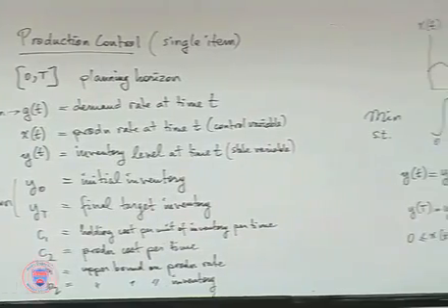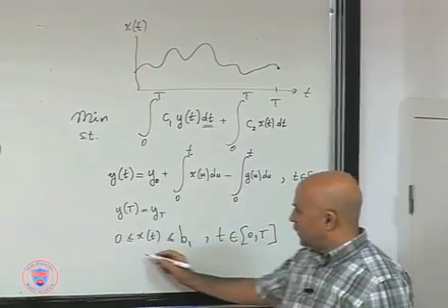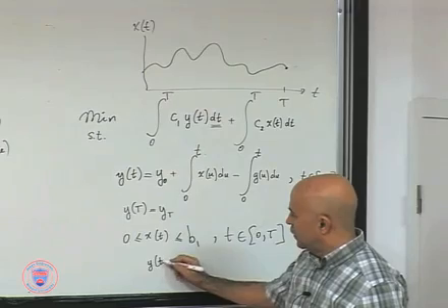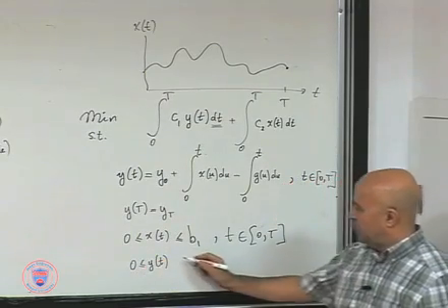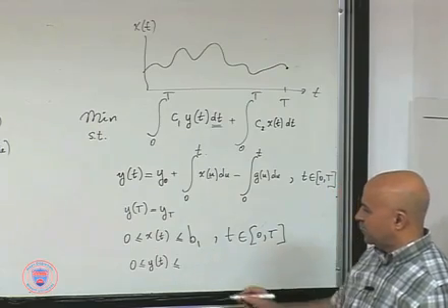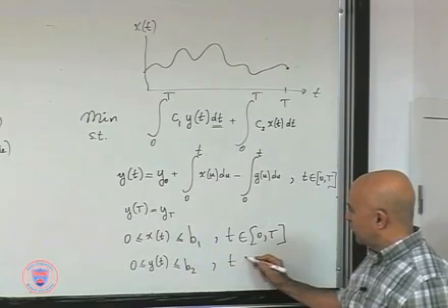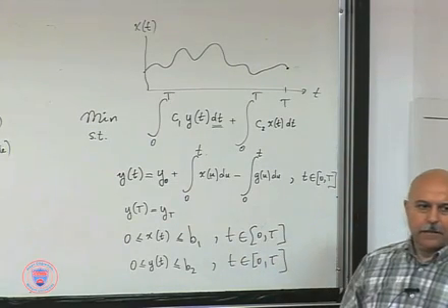This is again for each time point. And then finally, we've got y of t bounded below by 0, bounded above by B2.